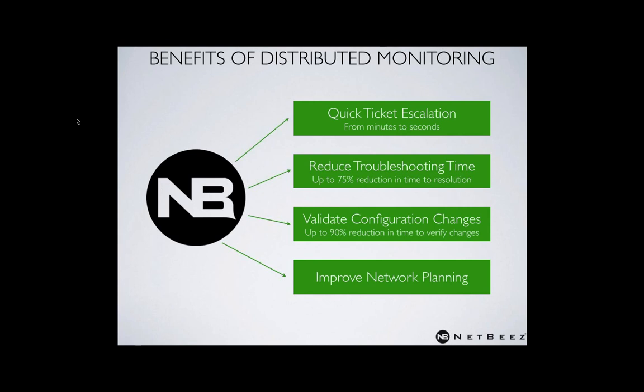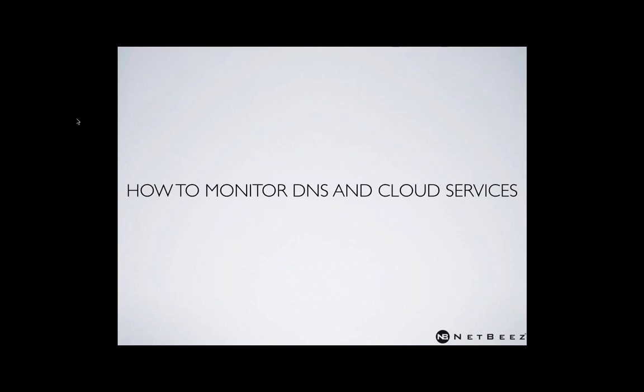The data that we review on the dashboard can also be saved on the central server and is processed and analyzed for proactive performance alerts. The benefits of NetBees as a distributed network monitoring solution are four. First of all, you can quickly escalate tickets.